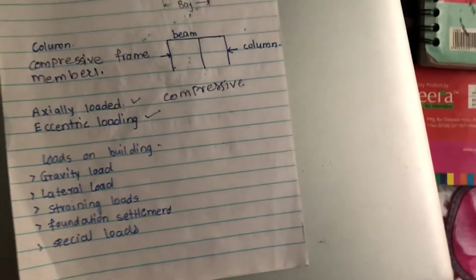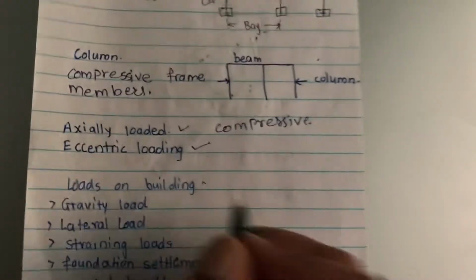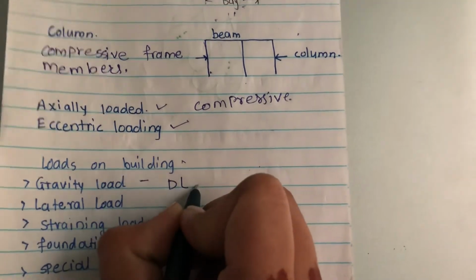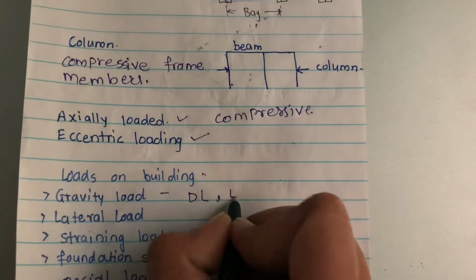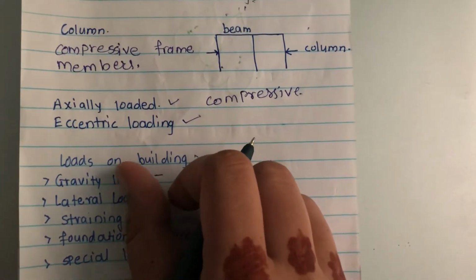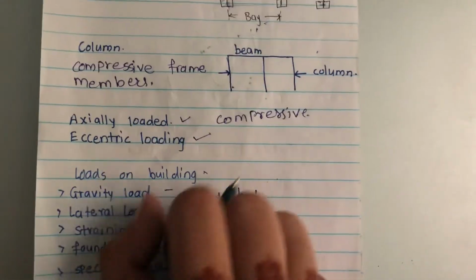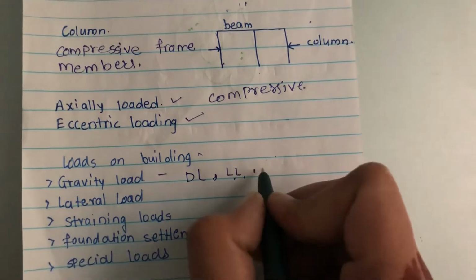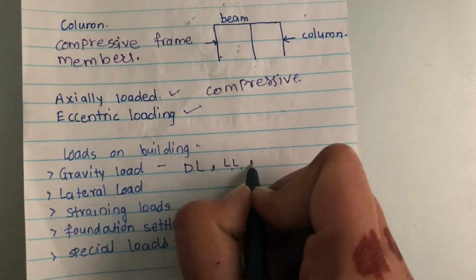In gravity loads, there are dead loads, that is the self weight of the building; live loads, that is objects or furniture; and the third one is snow loads.